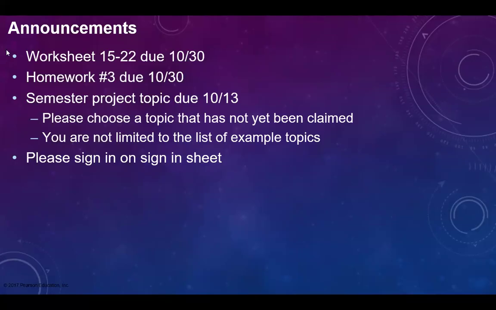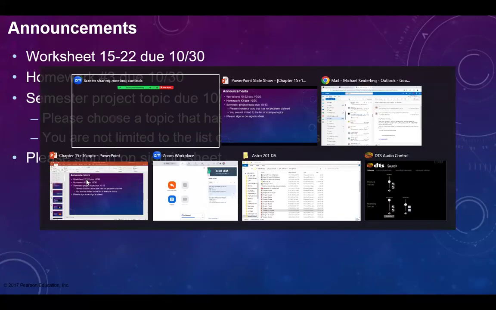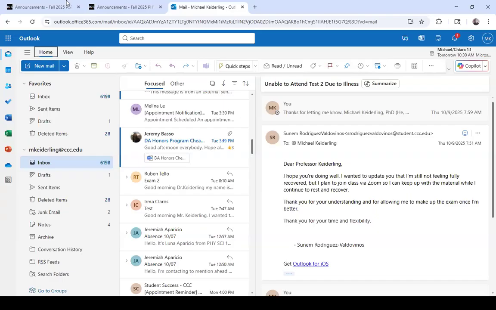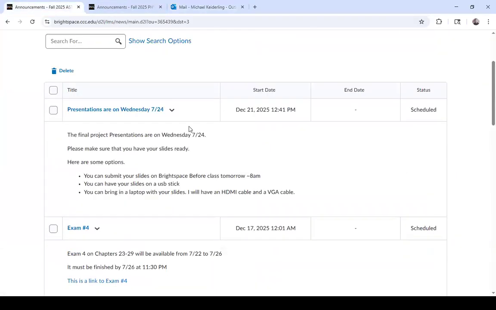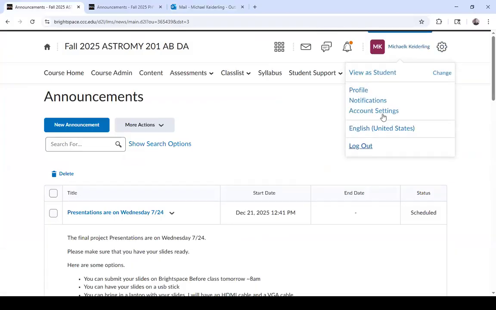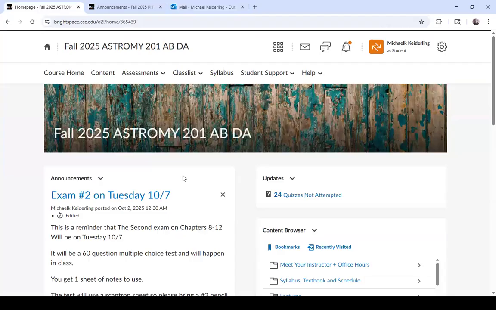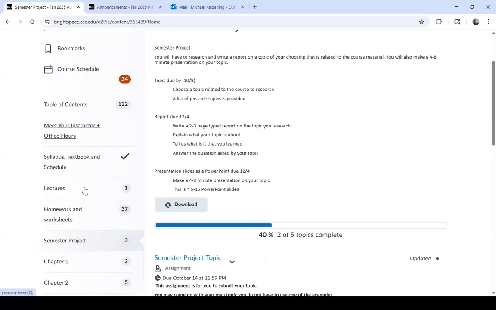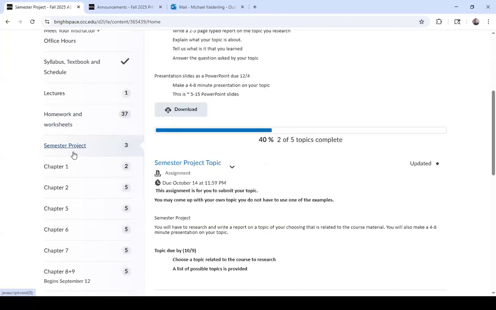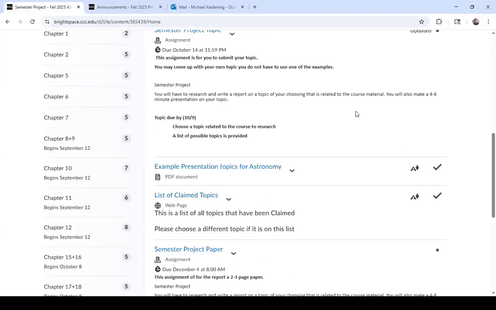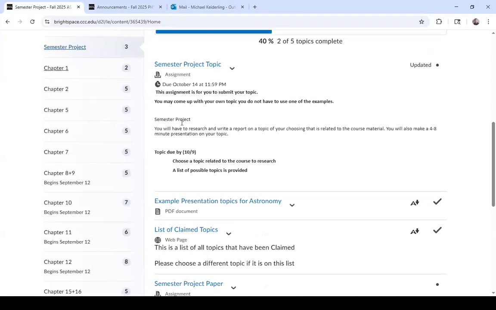So let me go over to Brightspace and show you where you can do that. I'll go view as a student. If you go to content, semester project, you'll see. Did I really screw up and make that October the 14th?